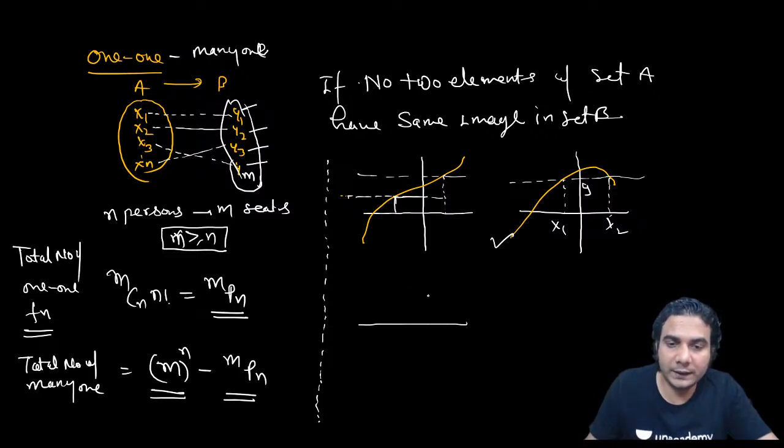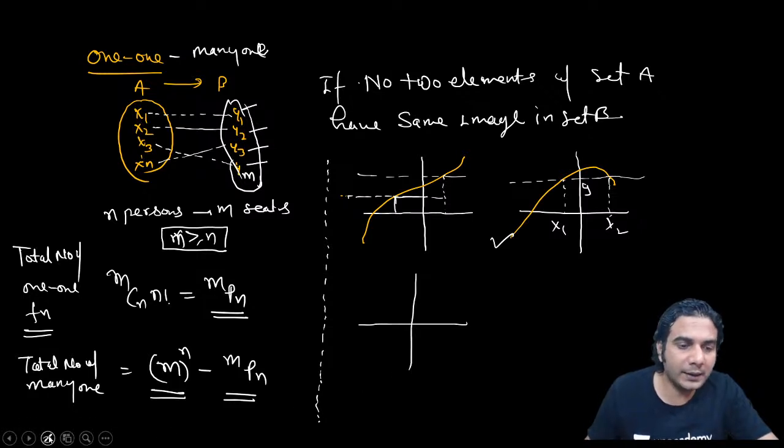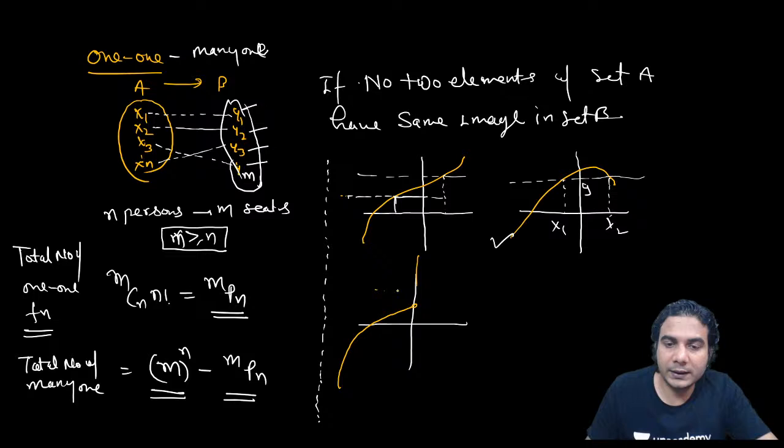Even if you draw this graph, it should not be continuous. You can take a discontinuous function. You can take increasing like this, okay, and say this is the line, and decreasing like this. This graph is increasing and decreasing, but not continuous, right?